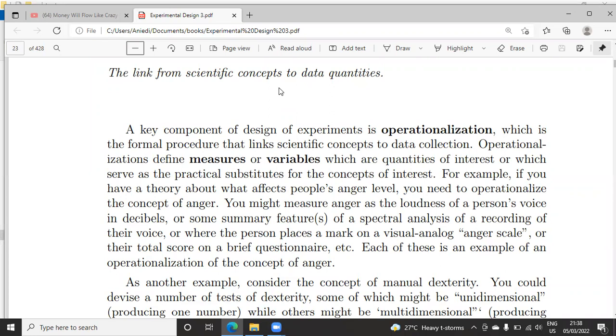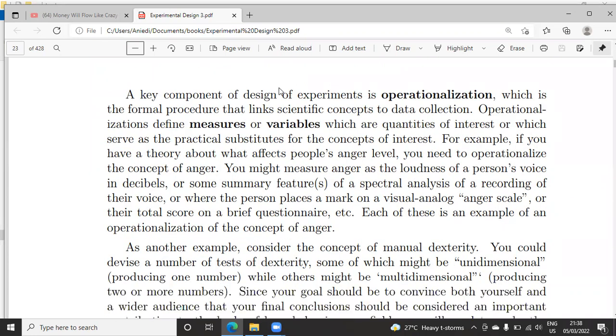You might measure anger as the loudness of a person's voice in decibels or summary features of a spectral analysis of a recording of their voice, or places where the person places a mark on a visual analog anger scale, or their total score on a brief questionnaire. Each of these is an example of operationalization of the concept of anger.